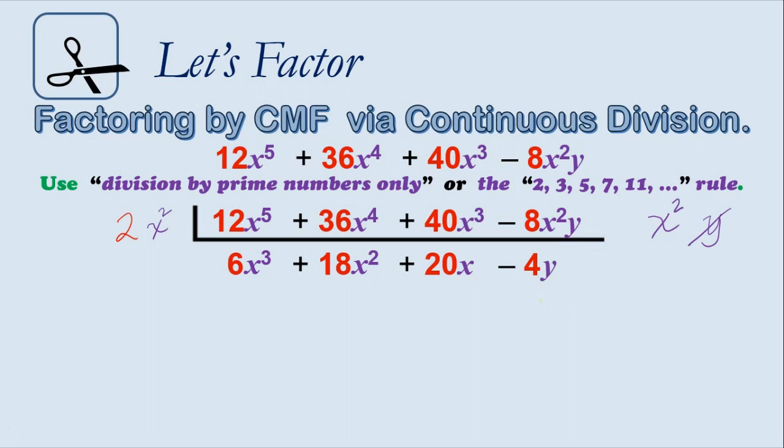Next, we continue with the division process, moving one level down. Continue from our list of prime numbers above. Can prime number 2 still divide the remaining numbers 6, 18, 20, and negative 4? Yes, we still can. Therefore, we continue to use prime number 2 as prime divisor.